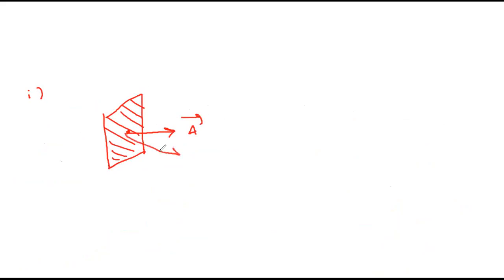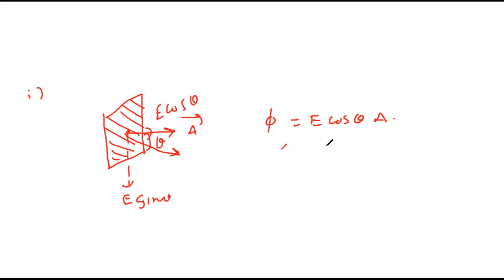E is making angle theta. That means its one component is E sin theta, other component is E cos theta. So we know flux is all the field which is perpendicular. So it is E cos theta into area. So from this also you can say it is E bar dot A bar.